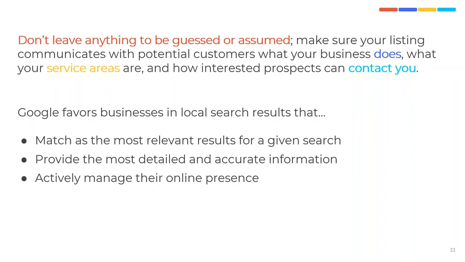We want to assume that there's a layperson not understanding your industry reading this. Plain language is the way to go. It shows Google and prospective customers that you are engaged online with the activity that we've guided you through today, and making sure that you are speaking to them in a way that they can understand. Because people use plain language to search for that.